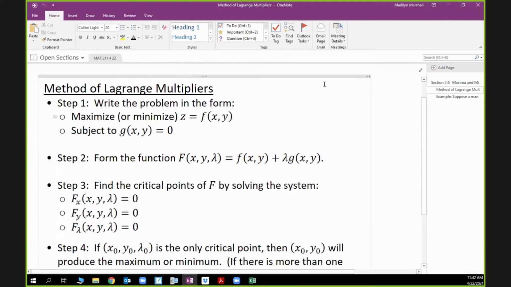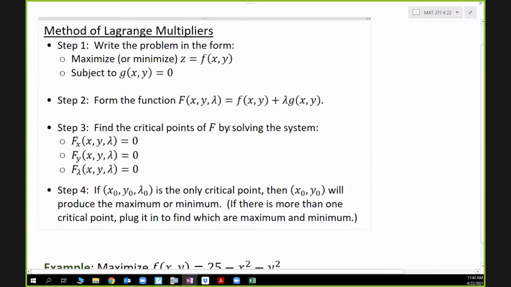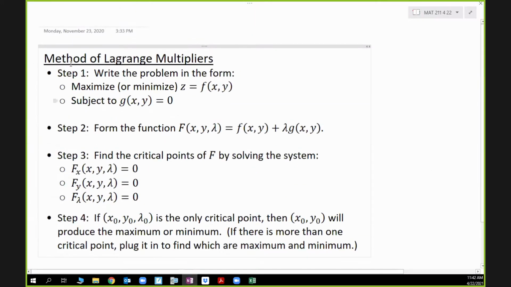Like we did on Tuesday, I have the steps here, and I'm going to copy and paste these steps as we do the problem, so each of them is ready to go for each of our steps. You don't necessarily have to write all of this down now. You can wait until we get to the problem. But we're going to have 4 steps.